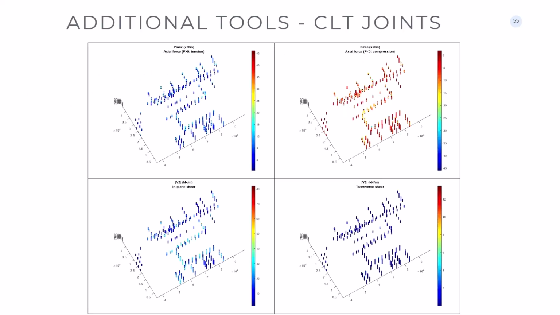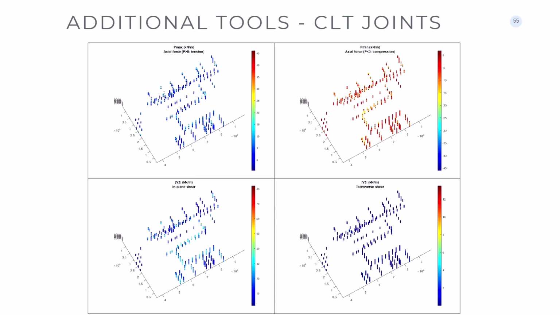We have already started. This is a real building. Here you see plotted in 3D each single connection device. In this case these are plates, but it could be a screw, anything.